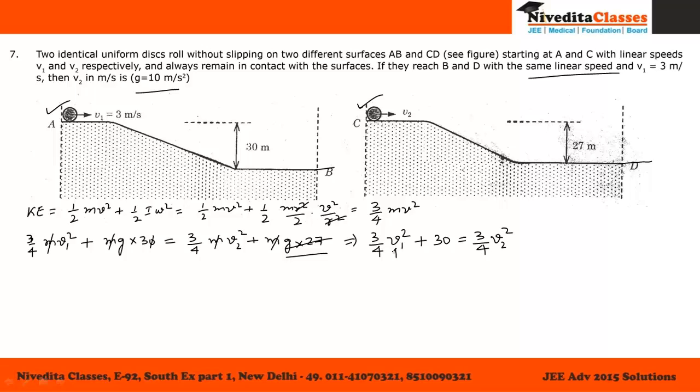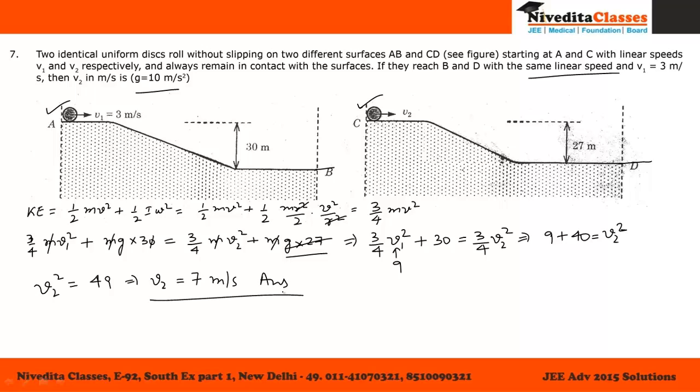And v1 is given to us as 3, so v1 square will be 9, and taking this 3 by 4 on the other side, we will have 9 plus 40 is equal to v2 square. So v2 square we can write as 9 plus 40, which is 49. Taking the square root, we will have v2 as 7 meter per second, which will be the answer to the problem.